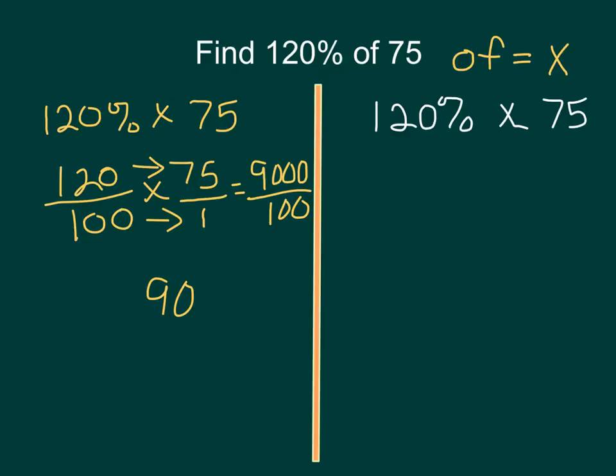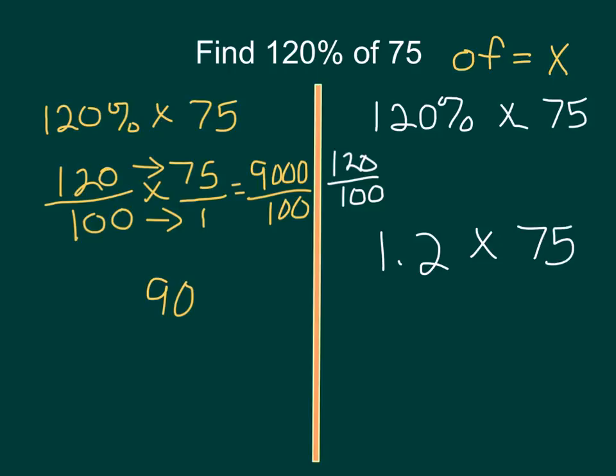Now the other way to do this would be to write this 120% as a decimal right off the bat. Remember, to turn a percent into a decimal, I move the decimal 2 places to the left, and that would give me 1 and 2/10. Again, if you didn't remember that, you could write 120% or 120 per 100 as a fraction, and if you divide that out, 120 divided by 100, you're going to get 1 and 2/10, times 75.